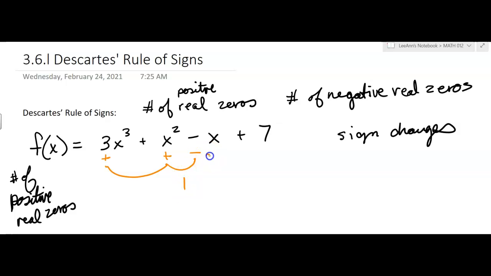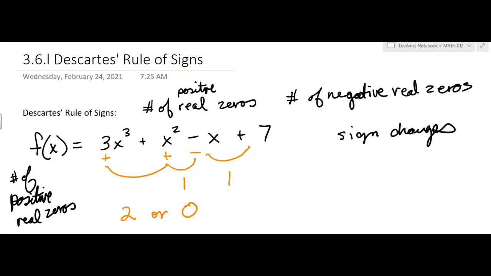And now we're going from a negative to a positive, and so that's another sign change. So there are two positive real zeros, or I have to throw in an or really quick. So there could be two positive real zeros, or there could be no positive real zeros.